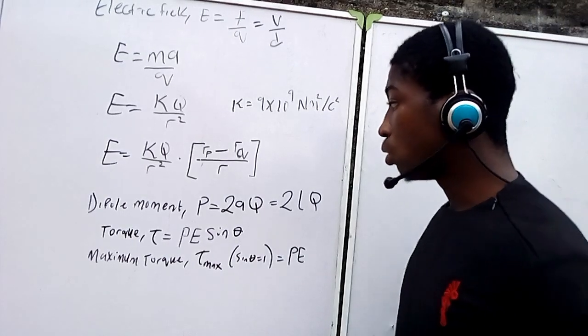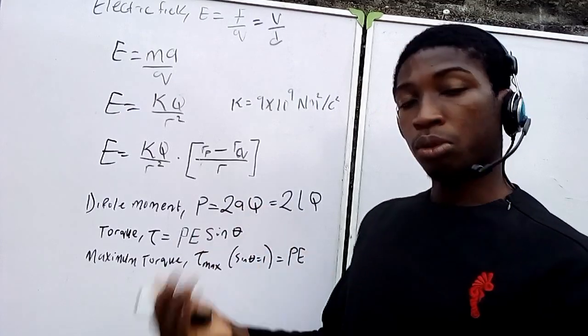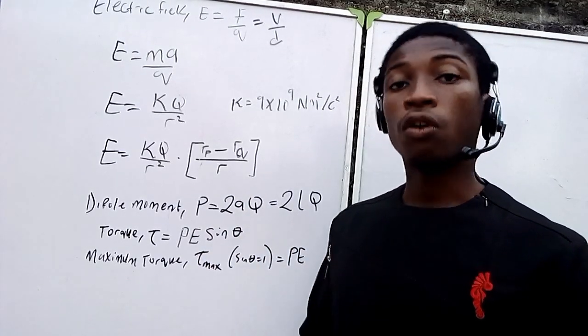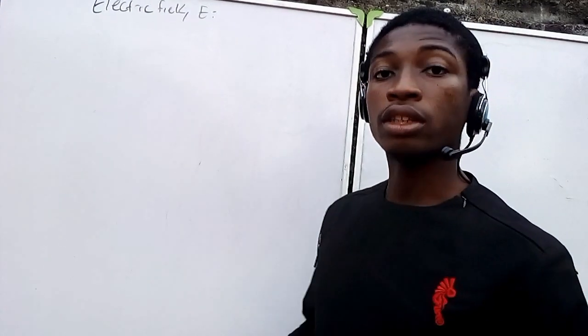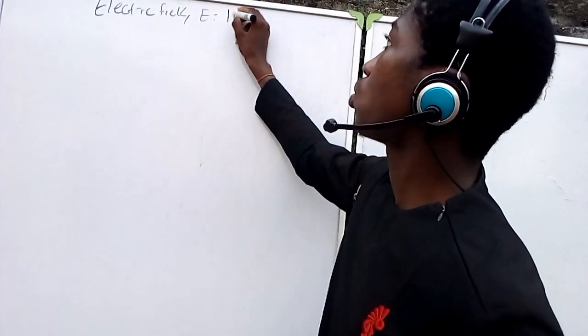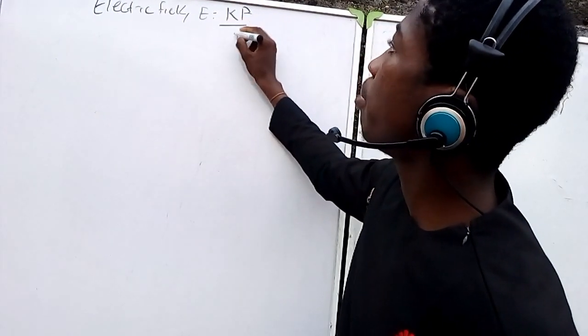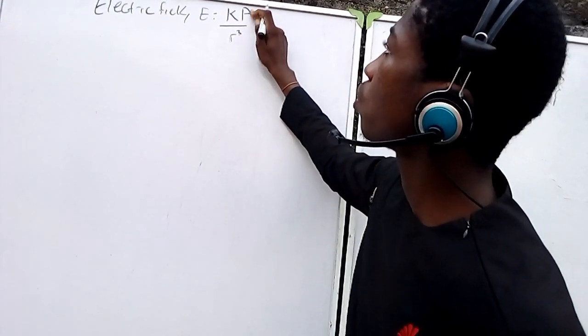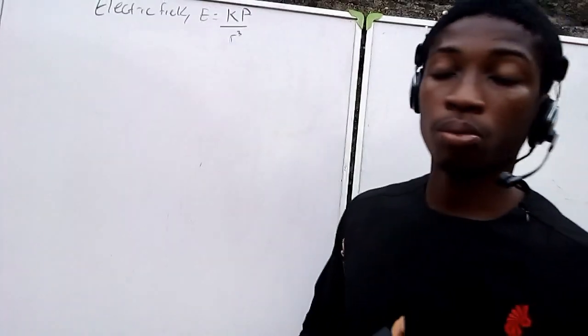Alright, so now let's go on to knowing the electric field of a dipole moment. The electric field E of a dipole moment is equal to the constant of proportionality times the dipole moment itself divided by the cube of the distance. This is the electric field of a dipole moment.